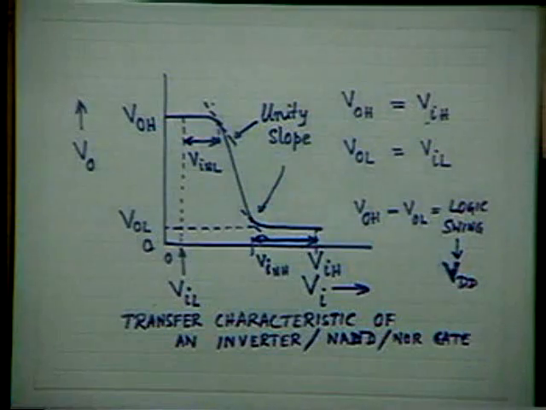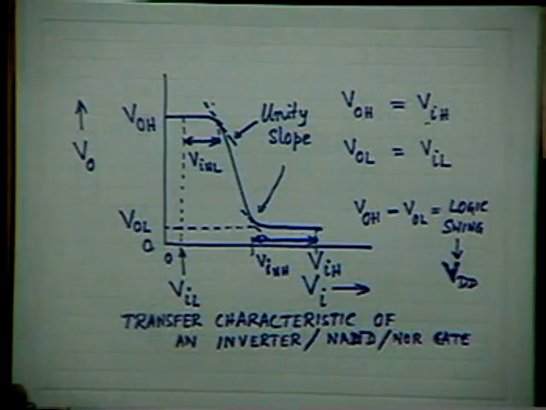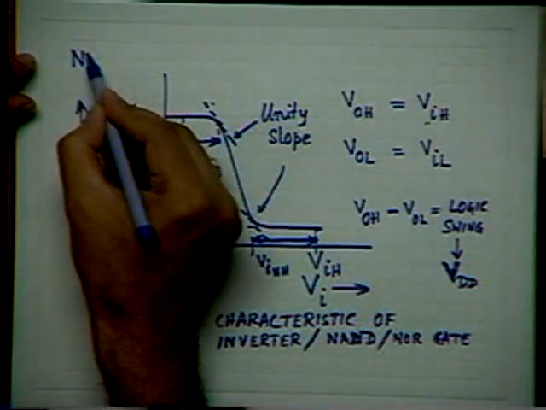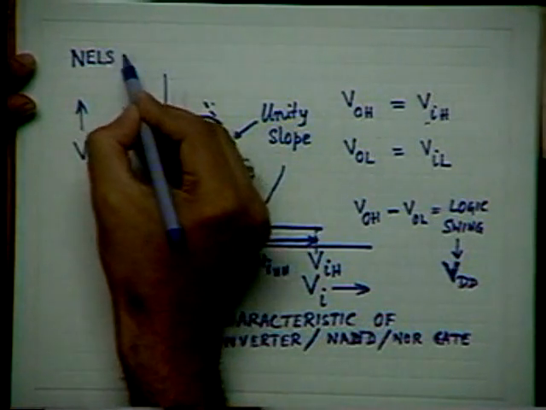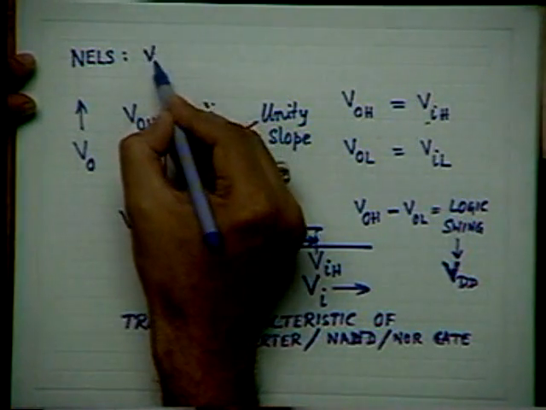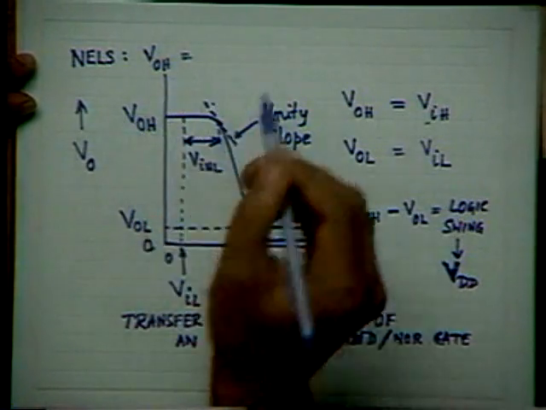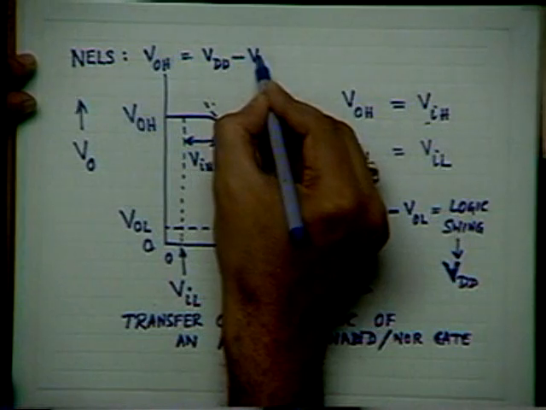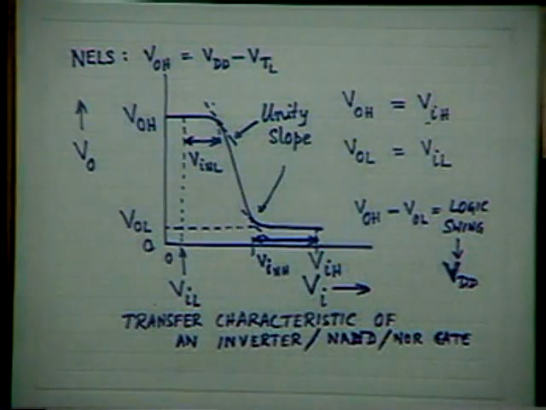In that case, do you know what is the VOH which is achievable for that kind of configuration? I am speaking of the NELS configuration. VOH is equal to, we shall discuss this afterward, VDD minus VT of the load transistor.